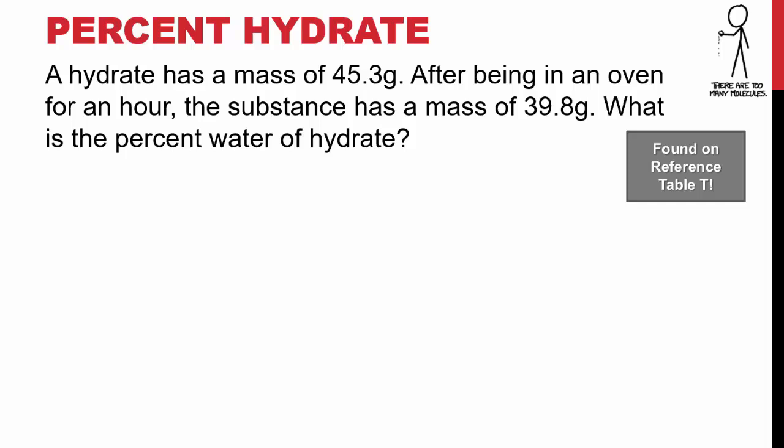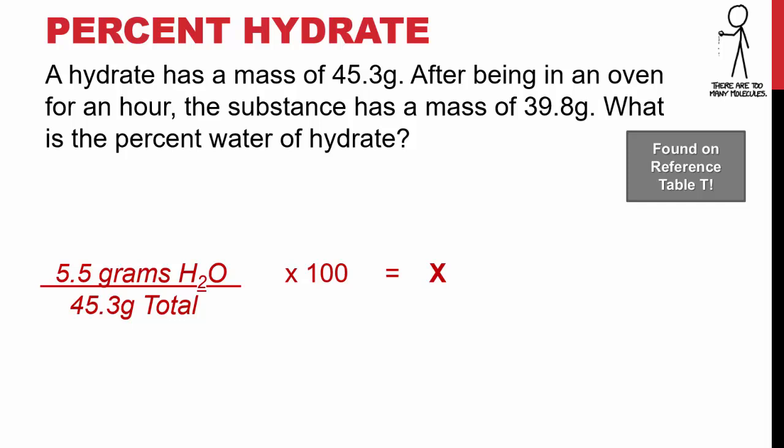So if you take 45.3 and you subtract 39.8, you should get 5.5 grams. So 5.5 grams over our total, which is 45.3 grams, multiply that by 100, and you should notice that about 12% of the compound was lost in the dehydrating process in the oven as water.